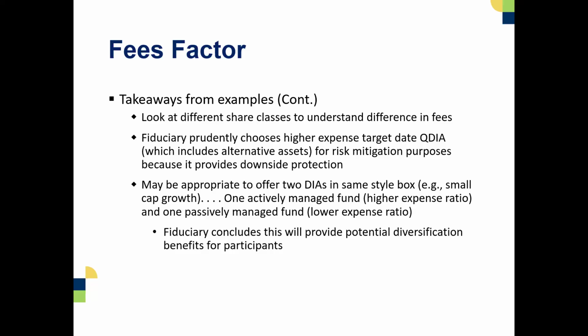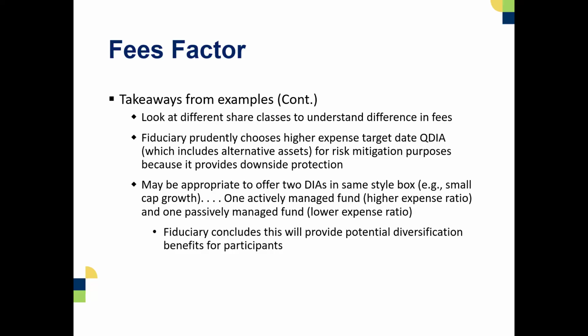And what our fiduciary did was weigh that higher expense against, in this example, the risk mitigation: the fiduciary determined that for risk mitigation purposes, this target date QDIA with alternative assets inside of it provides real downside protection, and that justifies the fiduciary choosing this fund even though it has a higher expense ratio.